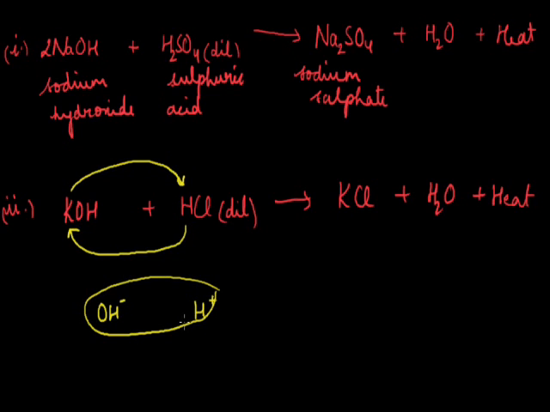So we can say that OH minus and H plus combine and form water, and the positive radical and the negative radical which are left form the salt. In this case, K plus and Cl minus combine and form an ionic compound, that is potassium chloride, that is the salt.